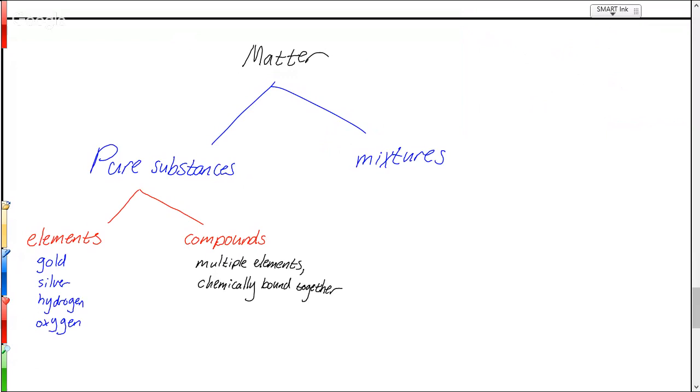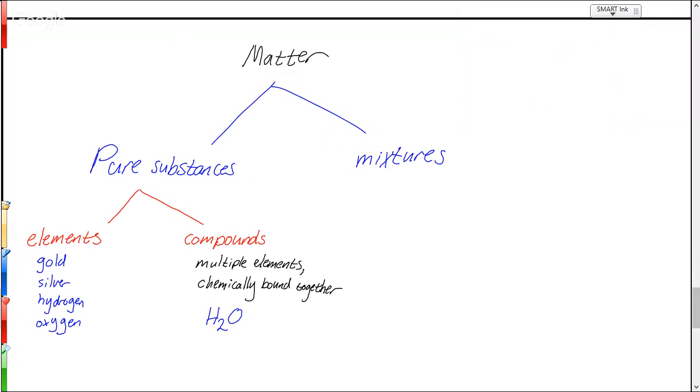So now you've got multiple elements, but they're chemically bound together, and that's what makes it pure. But think about water. Water's chemical formula is H2O, which means it's made of hydrogen and oxygen. It's a pure substance because the hydrogen and oxygen are chemically bound together.